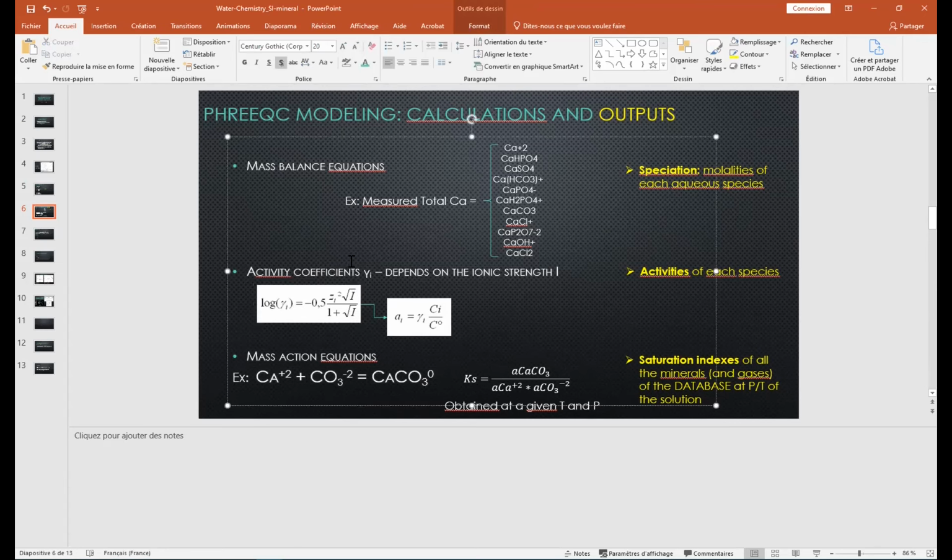These coefficients help you calculate the activities of all the species in your solution. The activity is equal to the coefficient multiplied by the concentration in molar of the element you're considering, over the reference concentration, which is equal to 1.